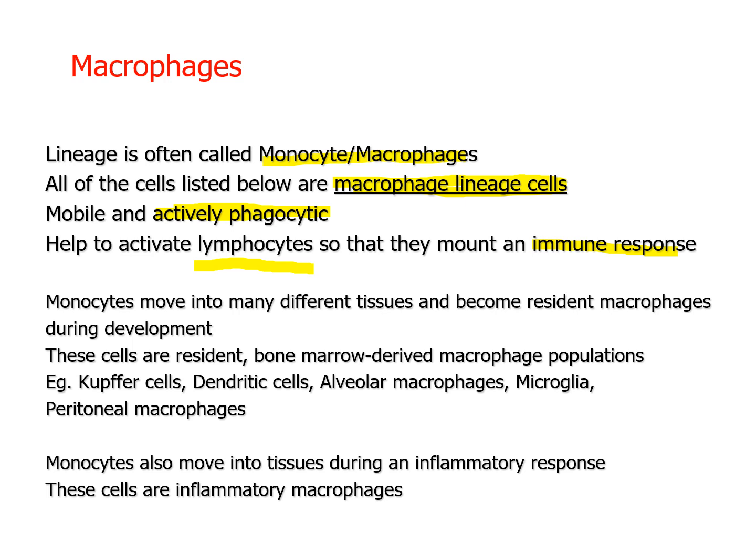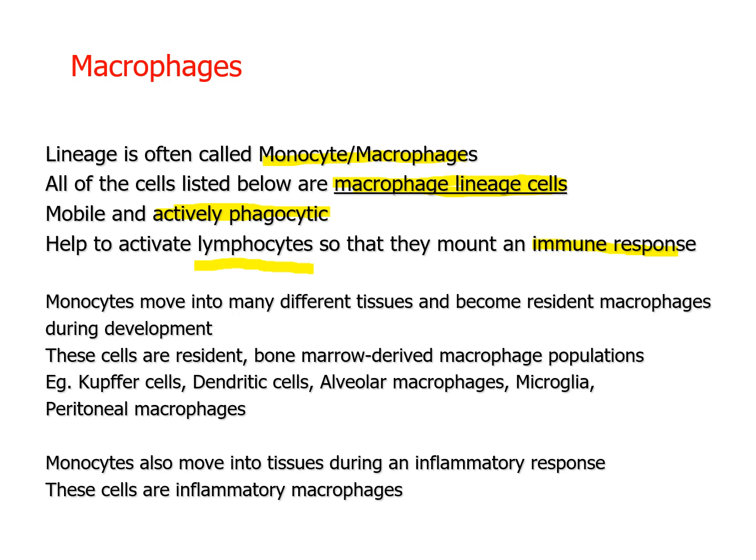Now, there are different kinds of monocyte-derived macrophages in the tissues. Monocytes leave the bloodstream and populate different tissues throughout the body, and they become what are called resident macrophages.